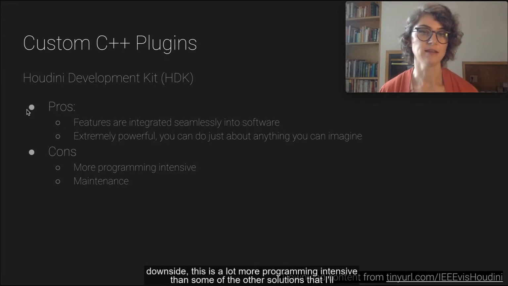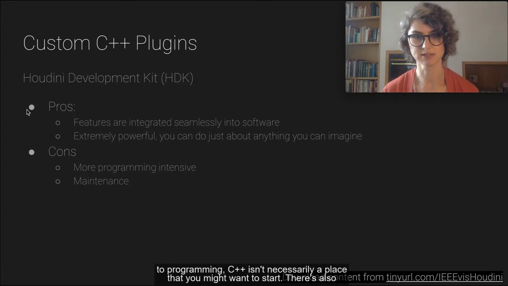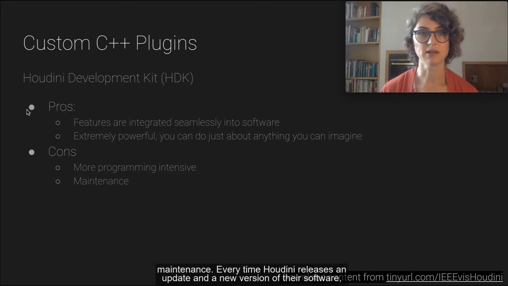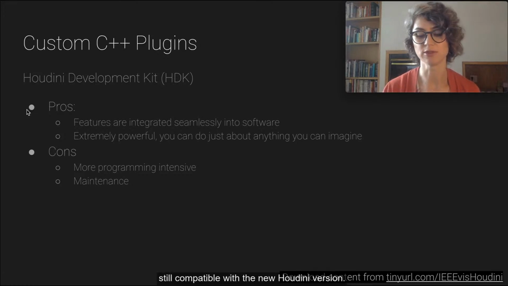But on the downside, this is a lot more programming intensive than some of the other solutions that I'll be talking about. Because you do need to know how to code in C++, and if you're a newcomer to programming, C++ isn't necessarily a place that you might want to start. There's also maintenance, so every time Houdini releases an update and a new version of their software, you're going to have to revisit your plugin and update it as well to make sure that it's still compatible with the new Houdini version.